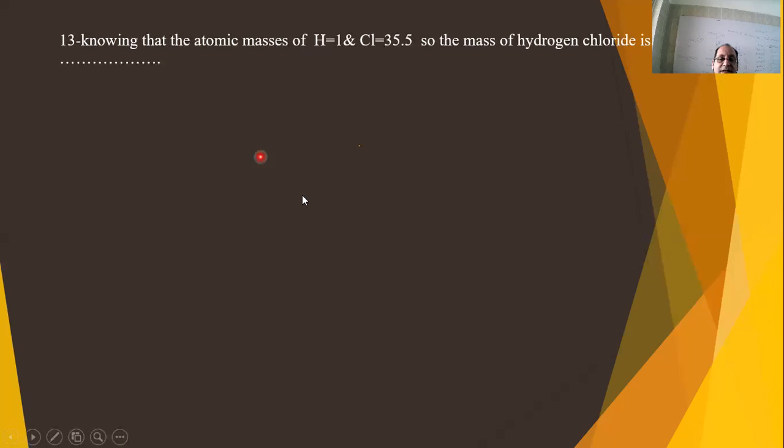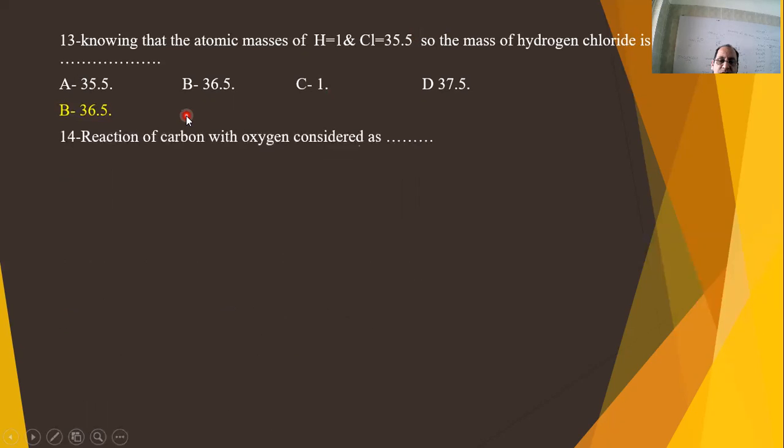Knowing that the atomic mass of hydrogen equals 1, chlorine 35.5, what is the mass of hydrogen chloride? Hydrogen chloride, H and Cl are both monovalent, so HCl is hydrogen chloride gas. So 1 hydrogen and 1 chlorine, it means 1 plus 35.5, so the answer is going to be 36.5.